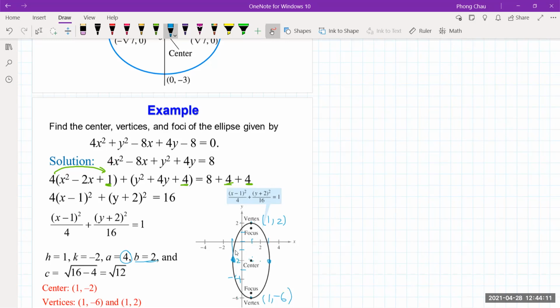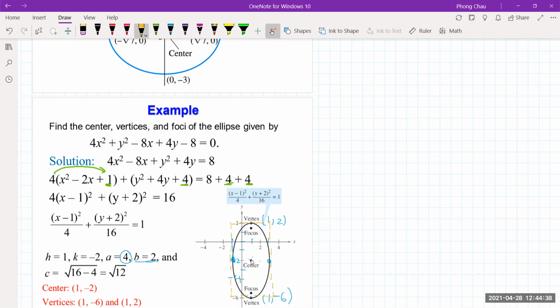And then you draw an ellipse. You may want to draw the rectangular box first through these 4 special points to help you sketch the ellipse by hand. Now to find the foci, we have to use root 12.